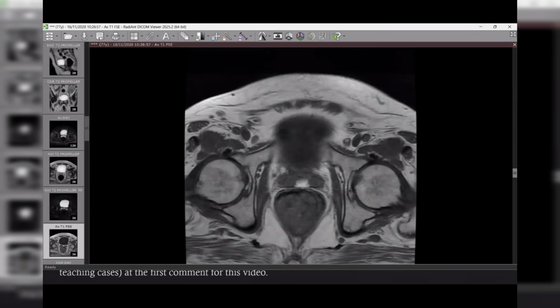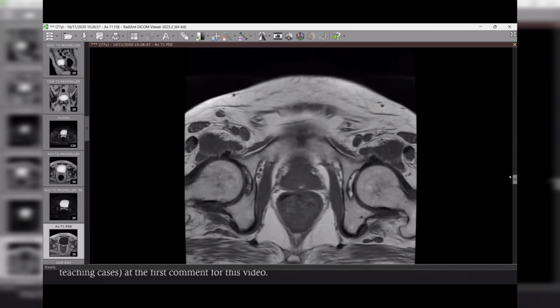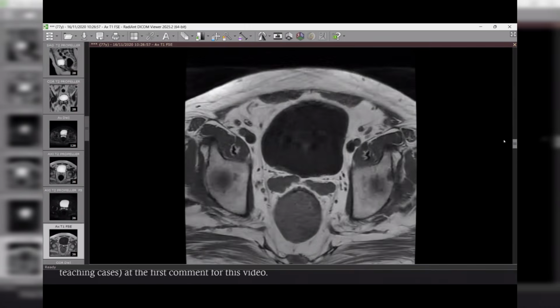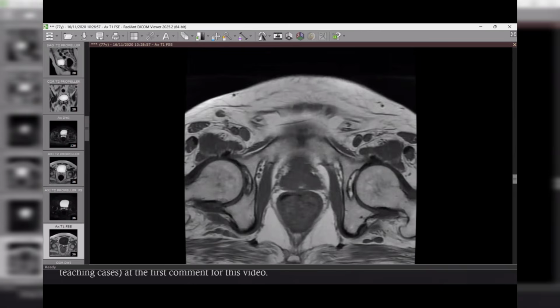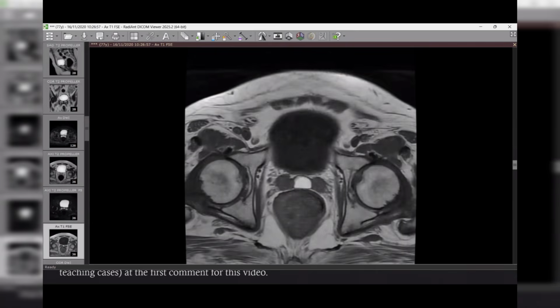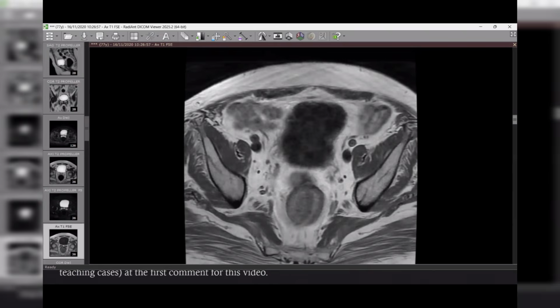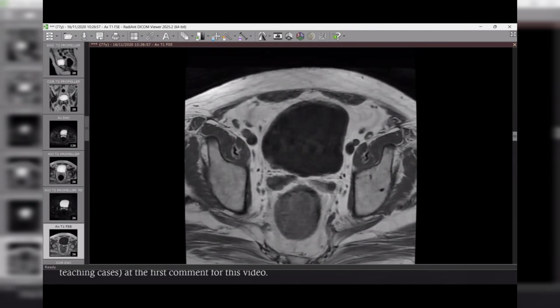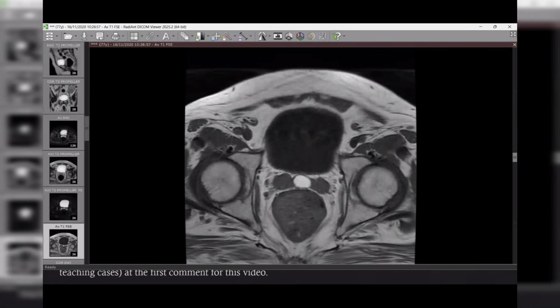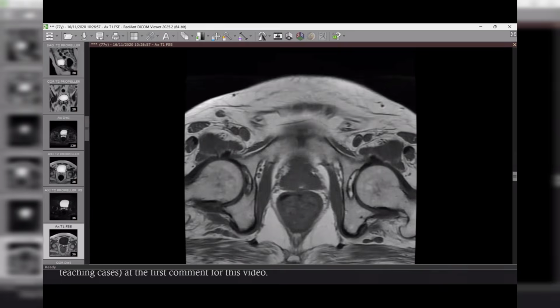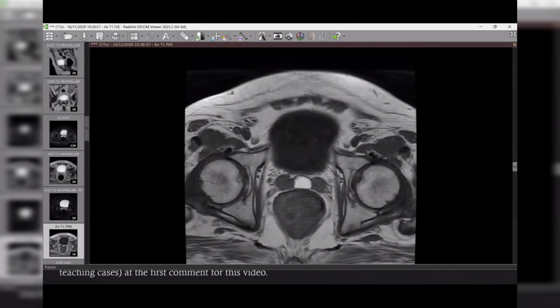I can again see a T1 hyperintense area within the seminal vesicles. The wall irregularity is again appreciated in the urinary bladder. Can I have a look at the post-contrast images as well?